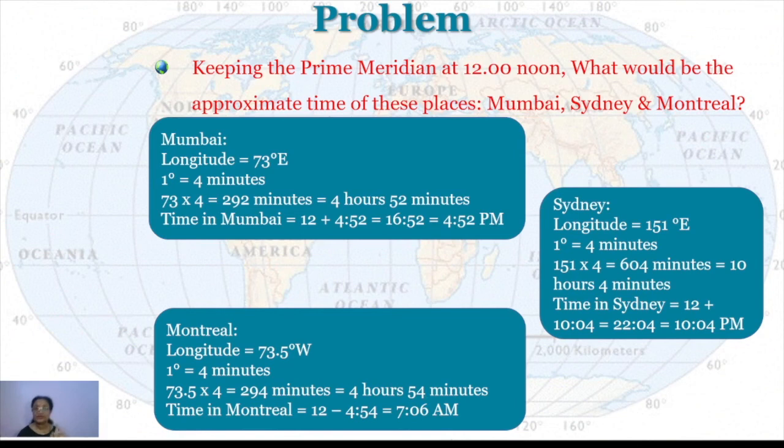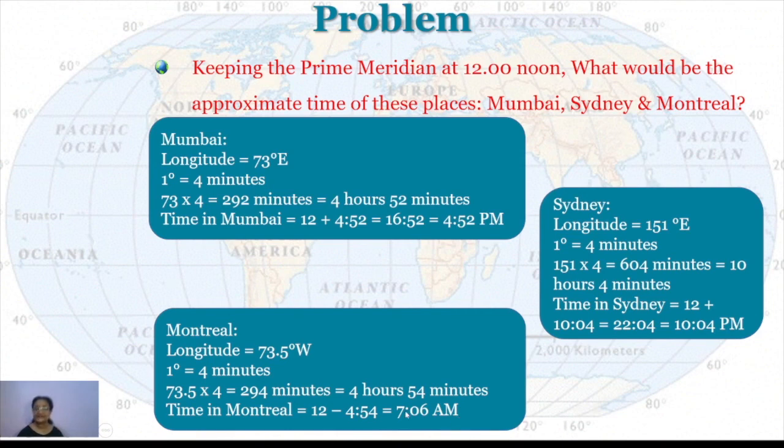Now, one thing you should keep in mind, because it is west, you can see it is west, this much time will be subtracted from 12 noon. So the time at Montreal is going to be 12 noon minus 4 hours and 54 minutes. That will give 7:06 a.m. of the same day.